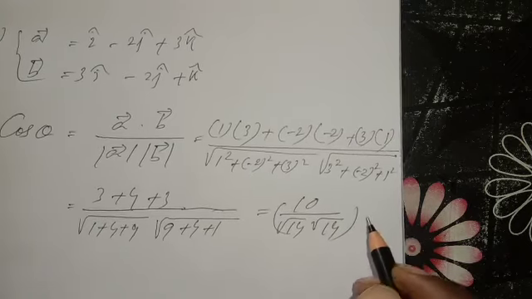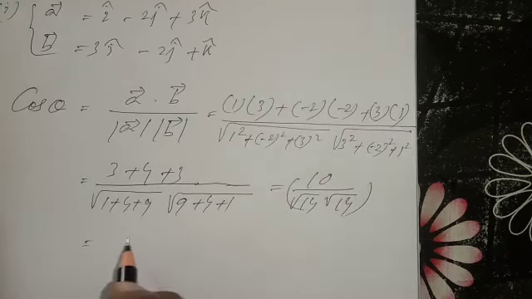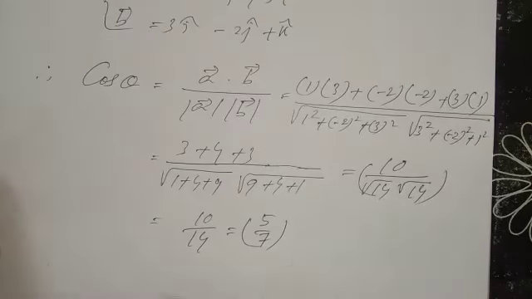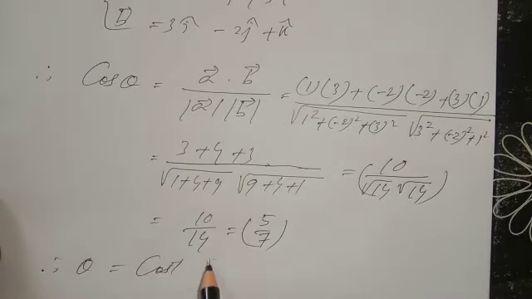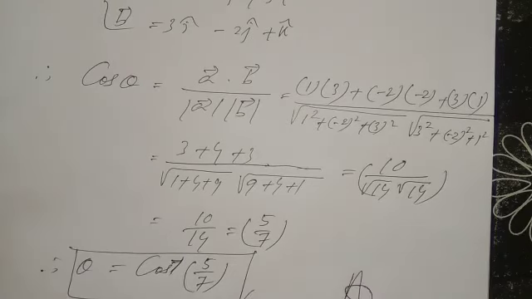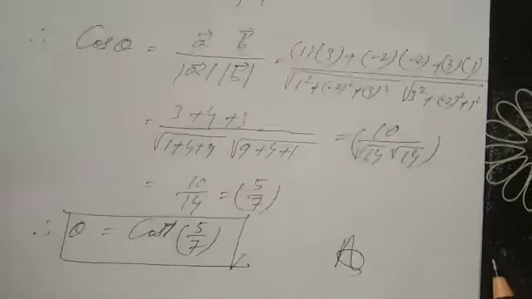So the answer is 10 by 14, which means 5 by 7. Therefore theta is equal to cos inverse of 5 by 7. So the angle between the two vectors A and B is cos inverse 5 by 7. Is that clear? Let us go to the second part.